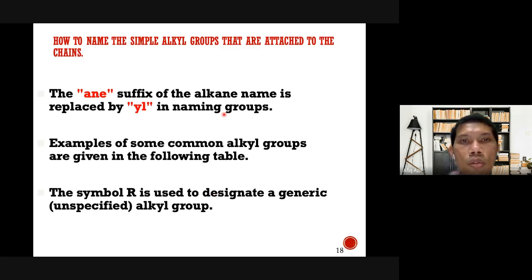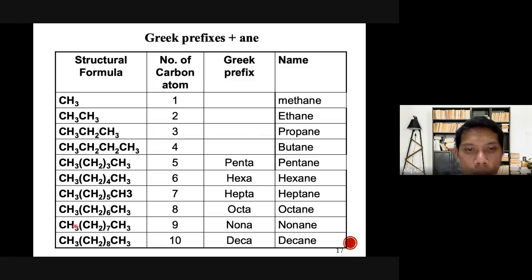And then how to name the simple alkyl groups that are attached to the chain. These chains refer to the longest backbone. If you have something like hexane, for example, there are 6 carbons lying straight in one line, in an open chain.